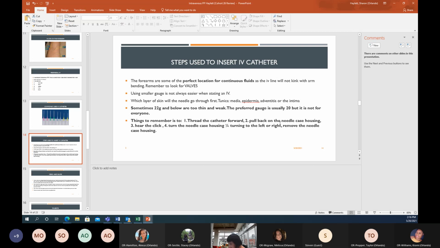The needle case that houses the needle, you pull back on that. You hear the click, you turn the needle case housing a quarter inch or so to the left or the right, and you remove the needle case housing. That is one of the things that you should know. It's very important that you know that.